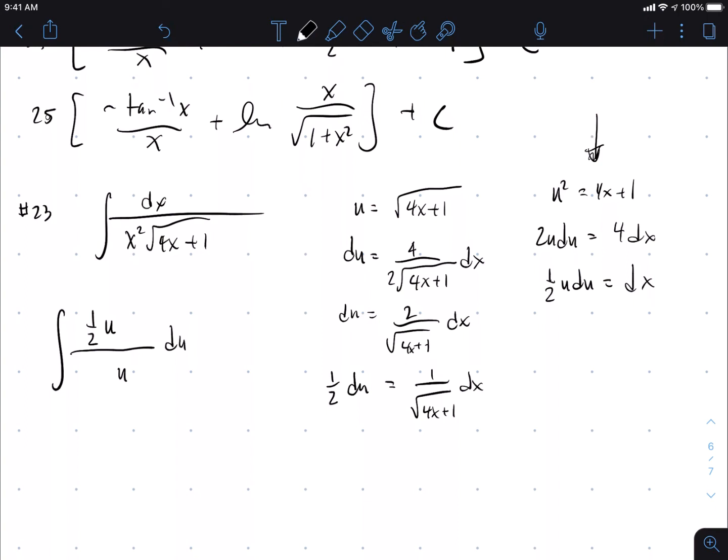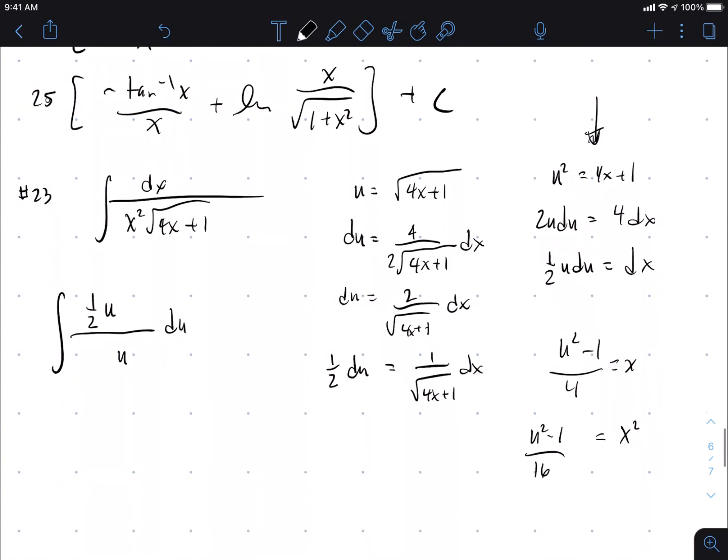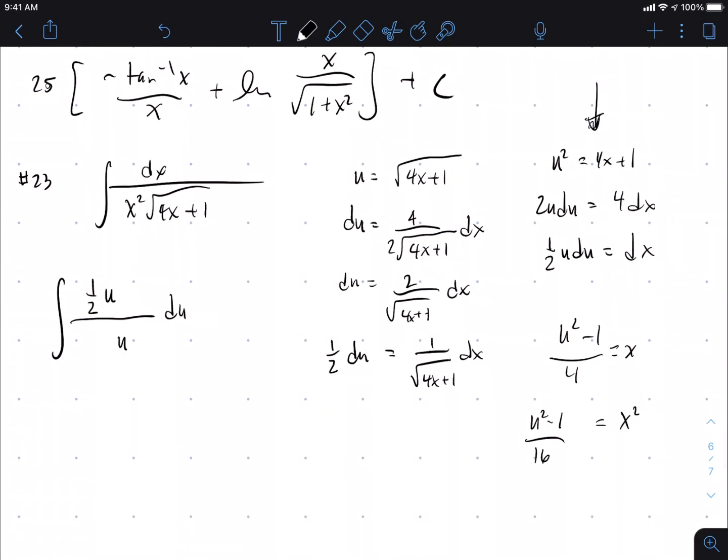Now I need to do the x squared piece. So u squared minus 1 over 4 is x. So then x squared should be u squared minus 1 over 16. Agreed? Okay.